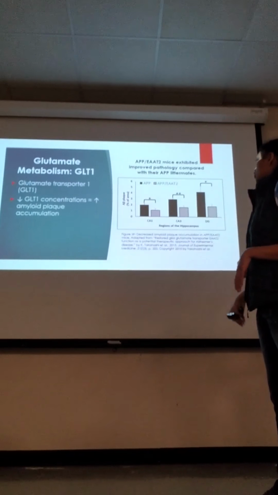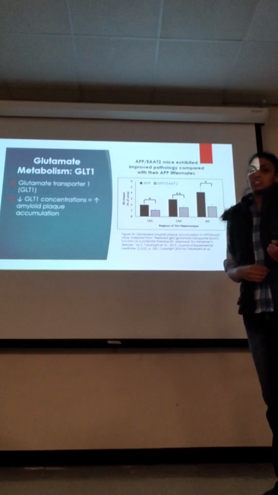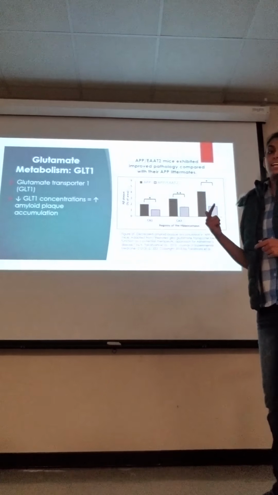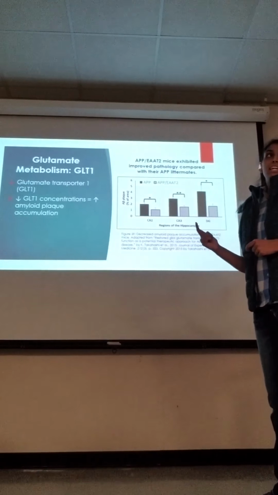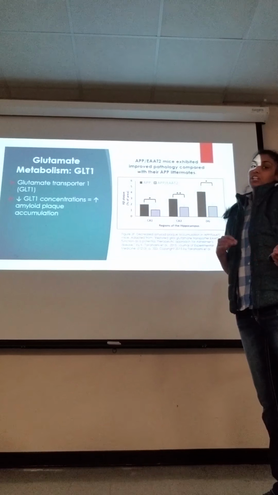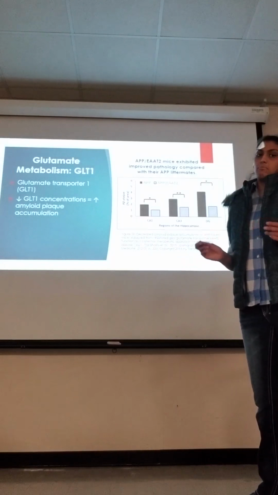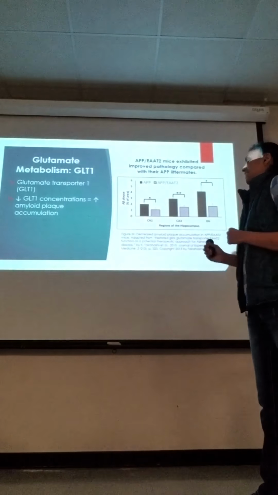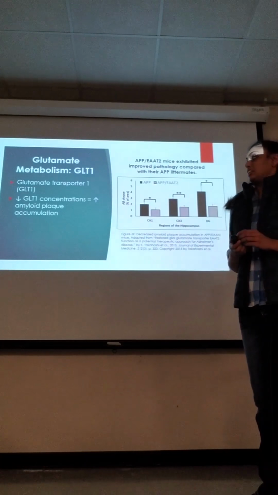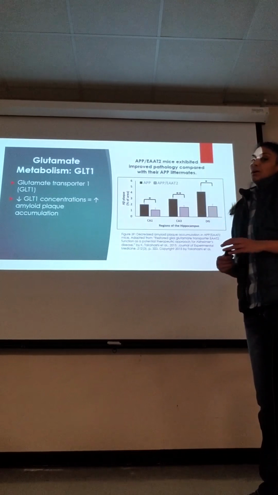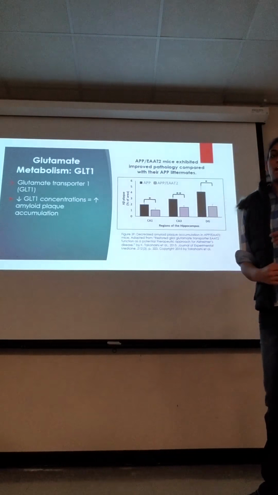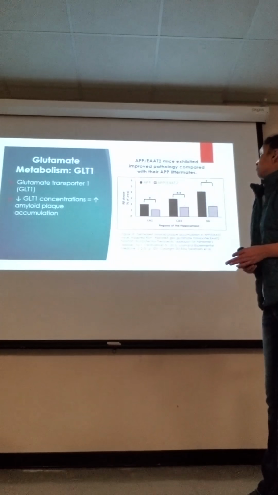The x-axis shows the 3 regions of the hippocampus that were studied, CA1, CA3, and DG. CA1 and CA3 stand for the first and the third regions of the hippocampus respectively. The DG stands for the dentate gyrus. The y-axis represents the amount of area occupied by amyloid plaque.